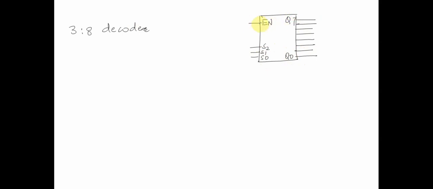Now, how do we write a truth table for a 3 to 8 decoder? We will have something like S2, S1, S0, and then we have enable as well. Similarly, we have a set of outputs from Q0 and so on up to Q7, right? If enable is 0, irrespective of what these are, everything will be 0.